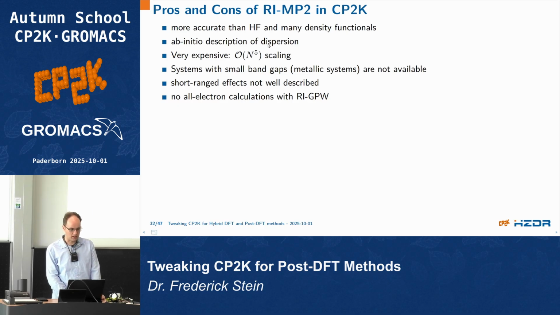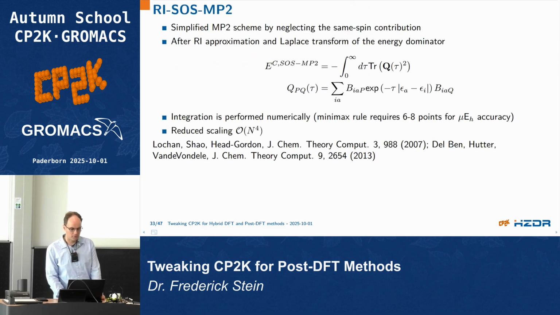One issue with RI-MP2 is this extraordinarily steep scaling, and in the literature there are a few methods available which are much cheaper. One of the first, introduced more than 15 years ago, is the so-called scaled opposite-spin MP2. This is obtained from MP2 by neglecting some of the components which make these operations expensive.